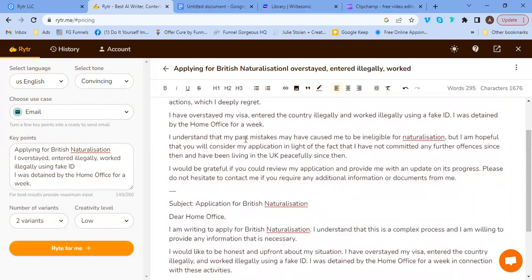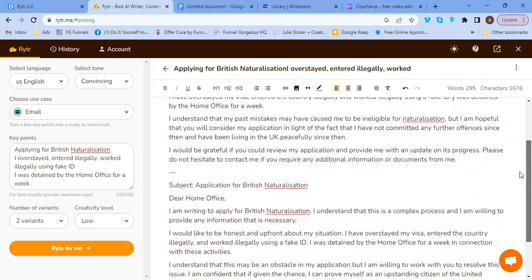"I understand that my past mistakes may have caused me to be ineligible for naturalization, but I am hopeful that you will consider my application in light of the fact that I have not committed any further offences since then and have been living in the UK peacefully since then. I would be grateful if you could review my application and provide me with an update of its progress. Please do not hesitate to contact me."